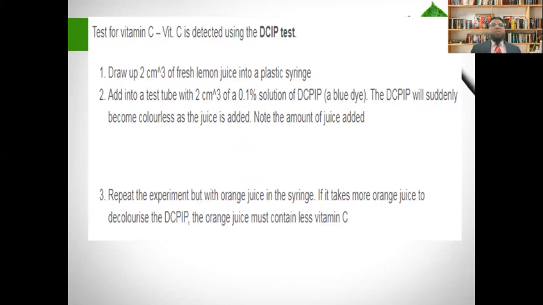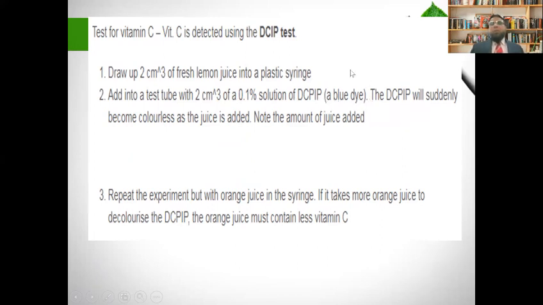Now, test for vitamin C. This is also called the DCPIP test. For this test, we have to use the chemical DCPIP. Add 2 cubic centimeters of fresh lemon juice into the plastic syringe. Add it into a test tube with 4 cubic centimeters of 0.1% solution of DCPIP, a blue dye.